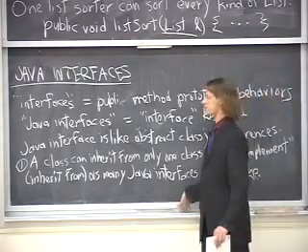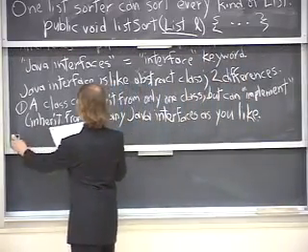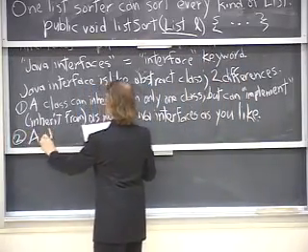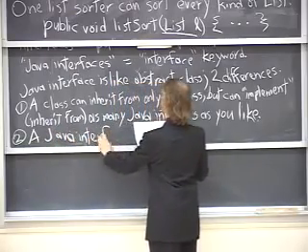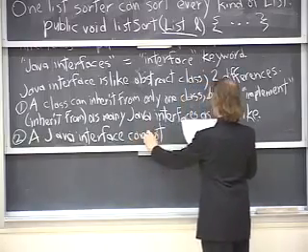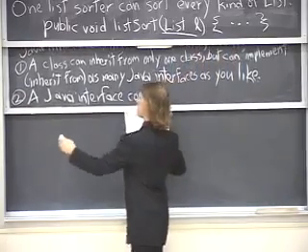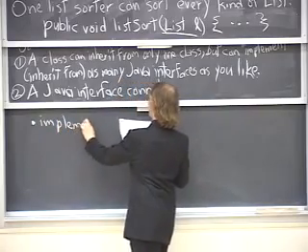Unfortunately, Java interfaces are crippled, and so here's the bad news. A Java interface cannot do several things that an abstract class can do. It cannot implement any methods at all.